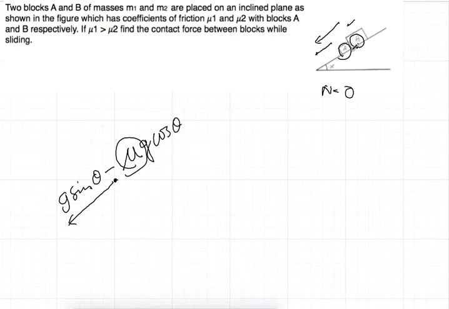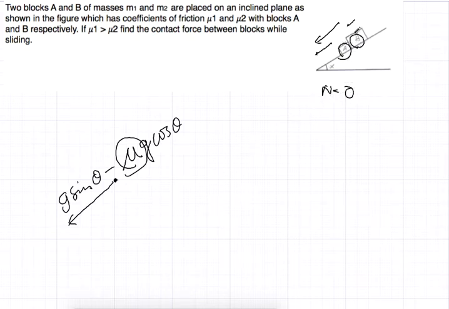In that case A will detach from B, so there is no contact between A and B. So N will again be 0. No contact, no contact force.